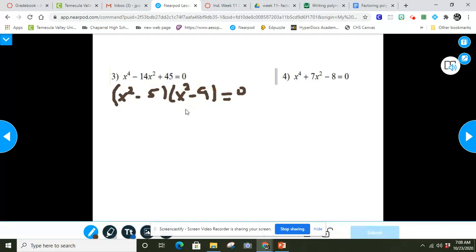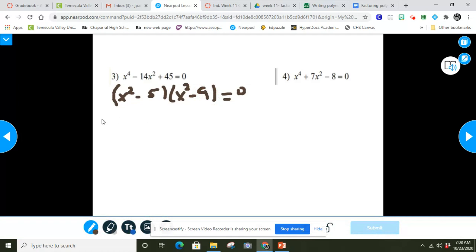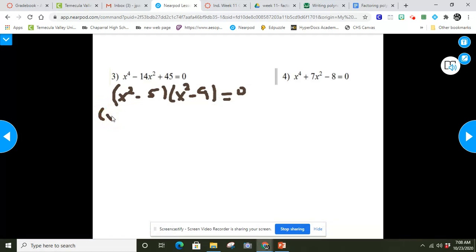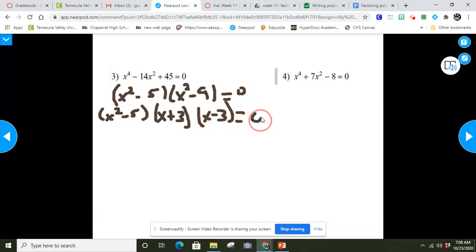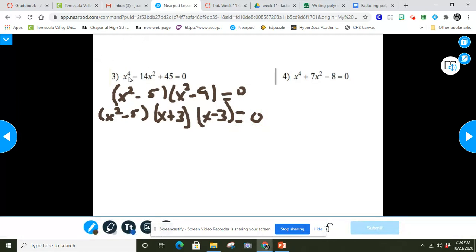Okay, so at this point right here, I could keep factoring the x squared minus 9. I don't have to because I'm solving, but I can. It could be x plus 3, x minus 3. All right, if the directions were to factor completely, you would want to go all the way to this line. But these directions were just to solve, so I could have solved at that point above as well.